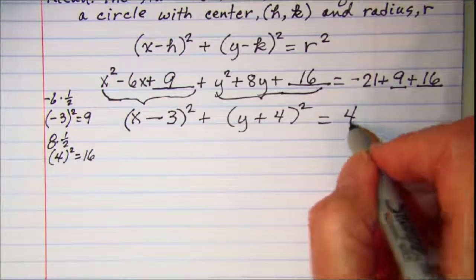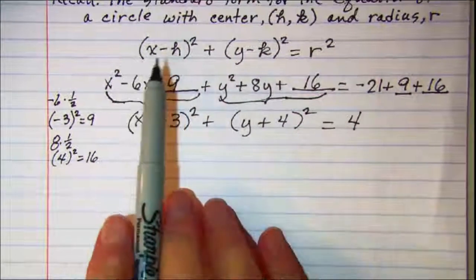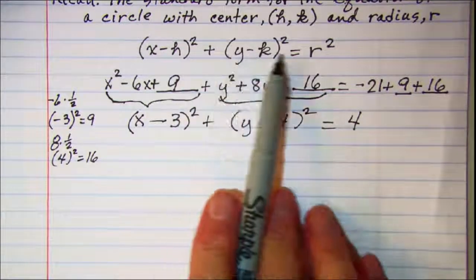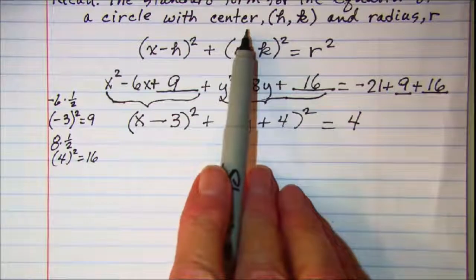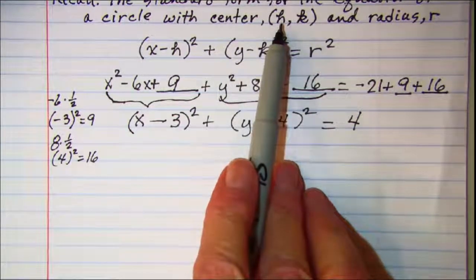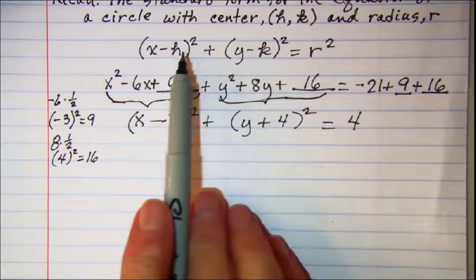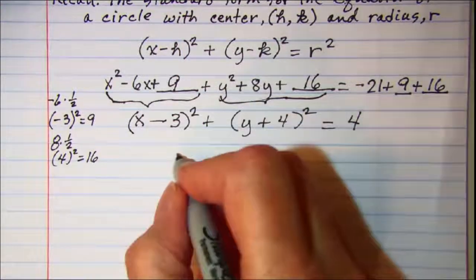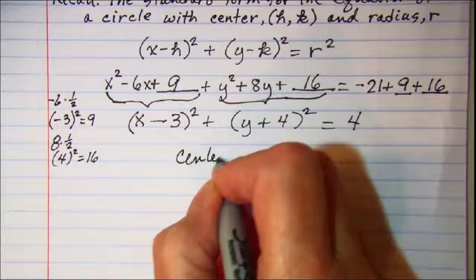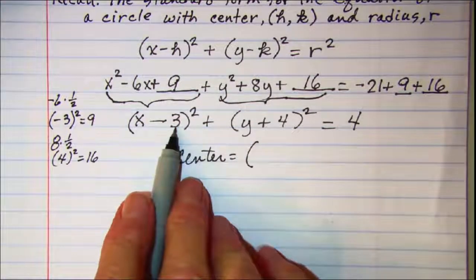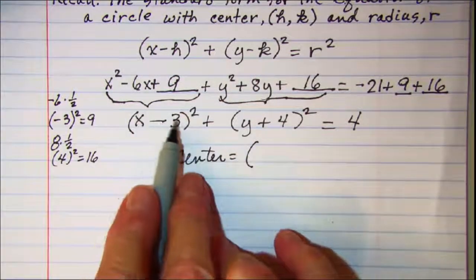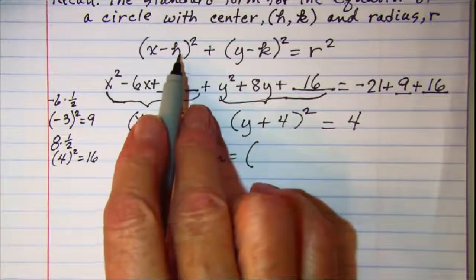So now I can use my information from my standard form. I can see that the center of my circle is going to be at (h, k). So h is 3. Since it's x minus 3, the h is 3.